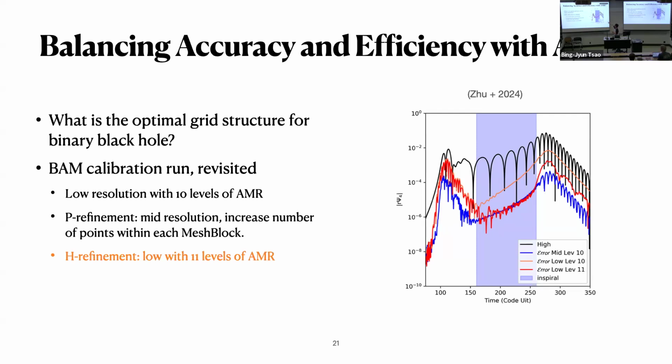At the early and later phases, the error is dominated either by the junk radiation, which is high frequency propagating in the wave zone, or by the ringdown signal, which is also much higher frequency. So ideally we would want to do this type of H refinement, putting more resolution at the puncture during the evolution, and maybe at the ringdown do a further refinement in the wave zone to capture these higher frequency signals more accurately.